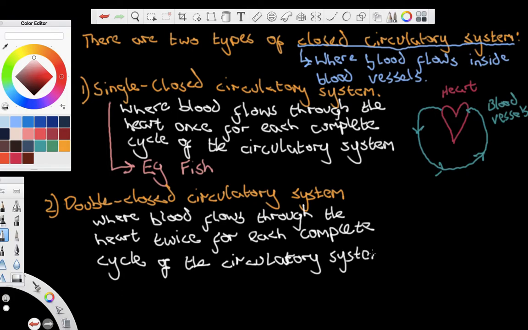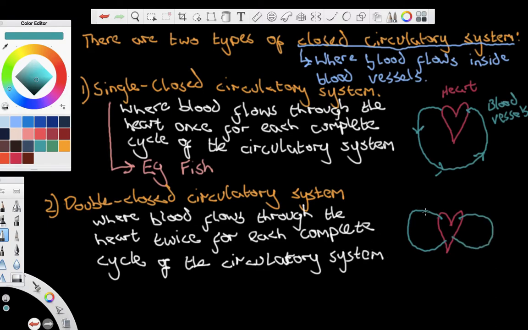Now, exactly like we did before, we can draw ourselves a heart. Again, your heart doesn't look like this. This is a cartoon drawing of a heart. And rather than having a single loop where the blood vessels flow, your heart in a double circulatory system has two separate loops.